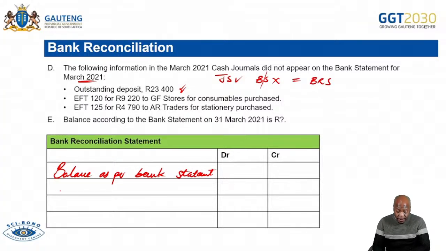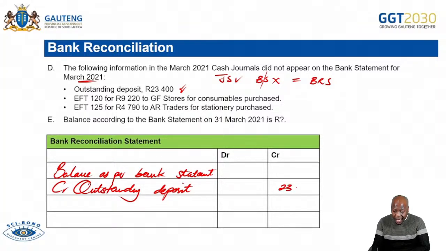The formula tells us that we must credit. We come and then we credit outstanding deposits. And here it's only one, so it's going to be 23,400. I've seen in some questions where you can have more than one outstanding deposit.